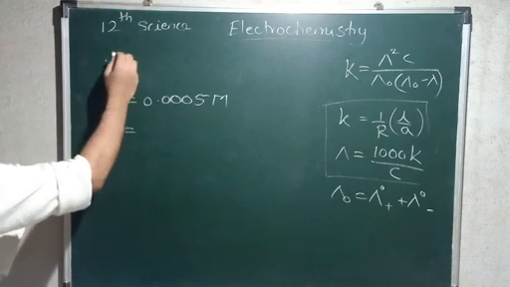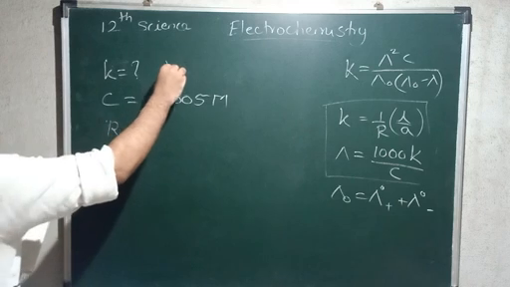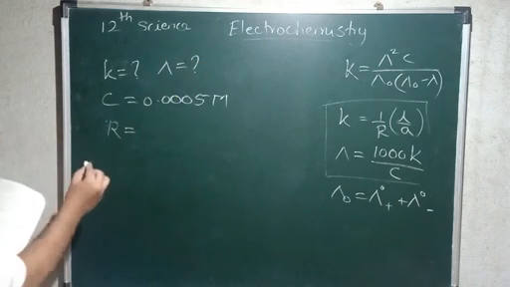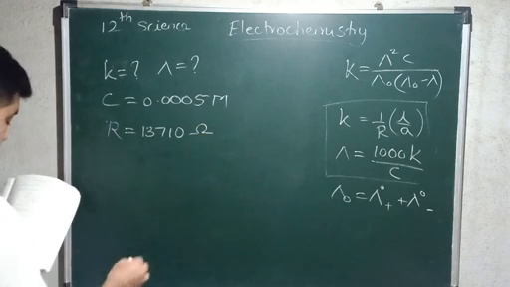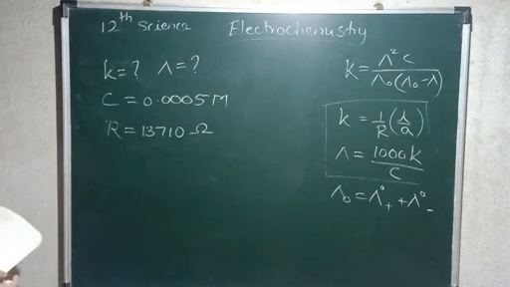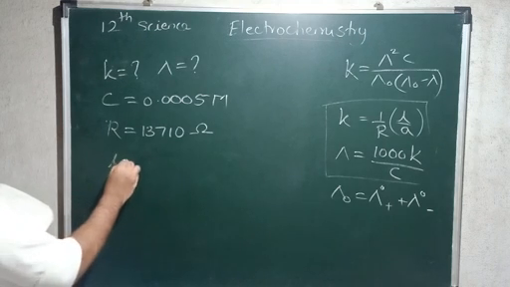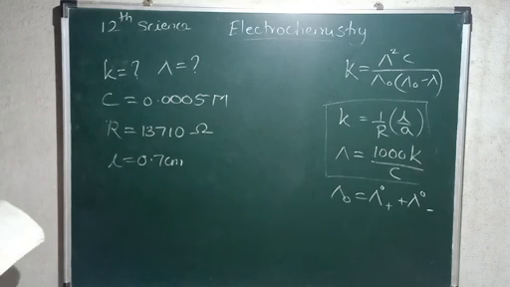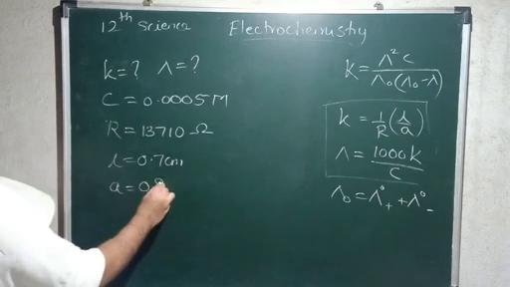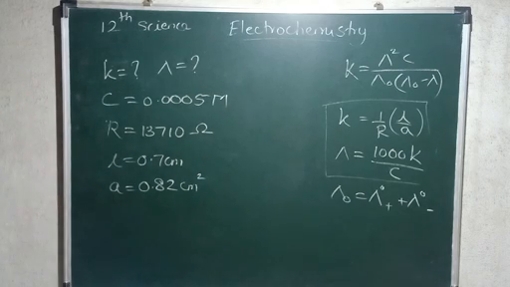We have to find out K and also lambda. If the electrodes of the conductivity cell are 0.7 centimeter apart, it means the length is 0.7 centimeter, and the area of cross section is 0.82 centimeter square.